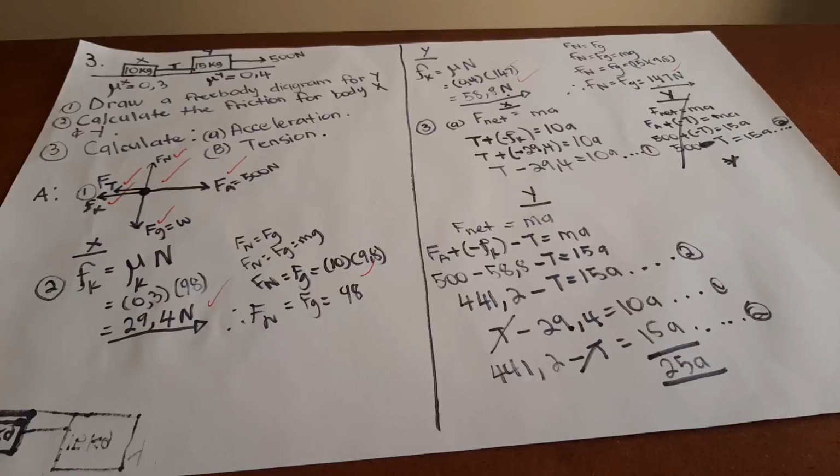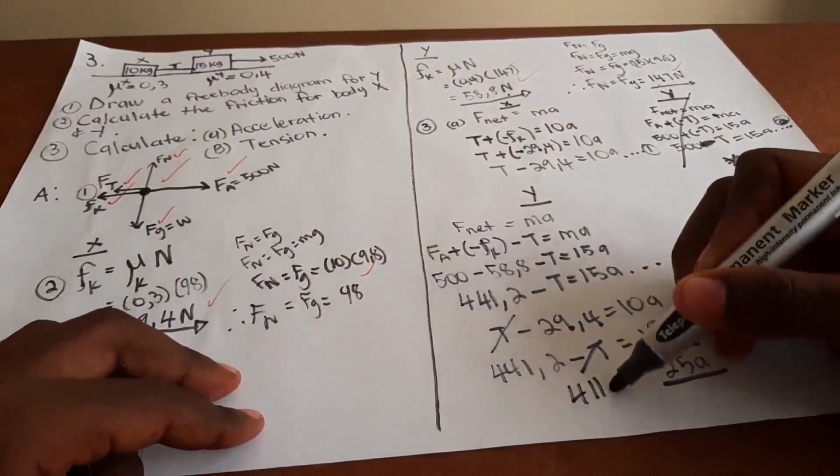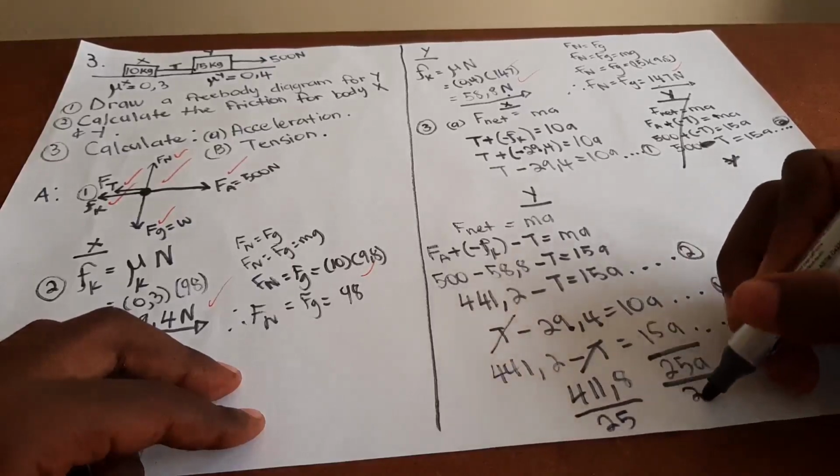Let's calculate. 441,2 minus 29,4 gives us 411,8, over 25.